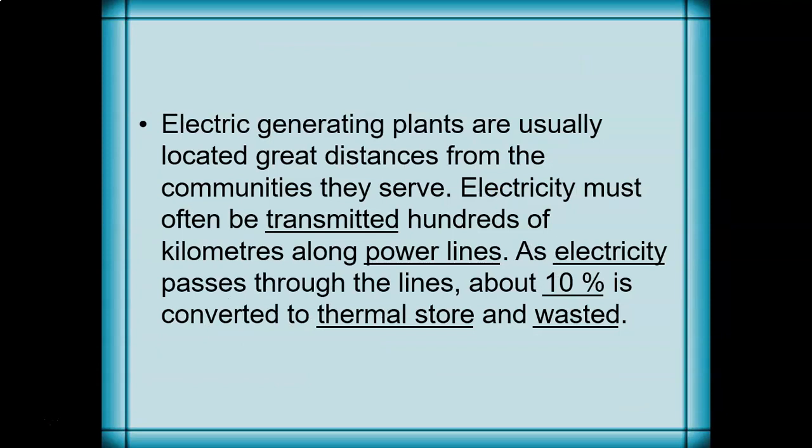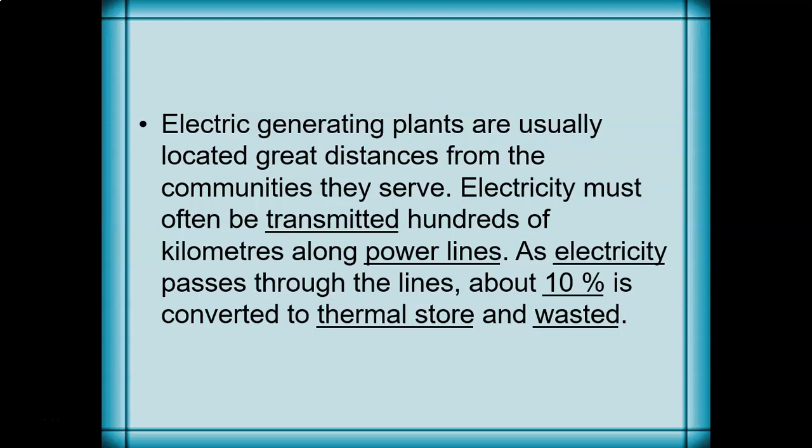So electricity generating plants are usually located at great distances from the communities they actually serve. So it often must be transmitted along hundreds of kilometers of power lines, right?